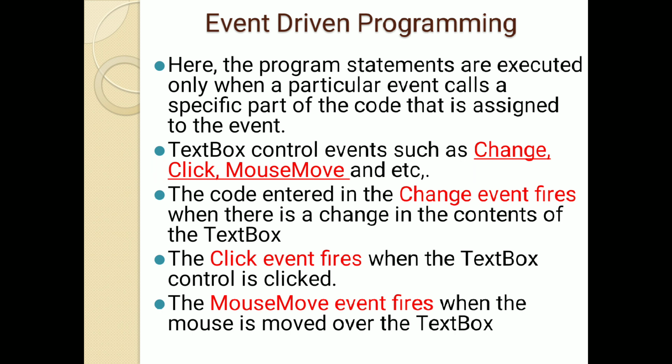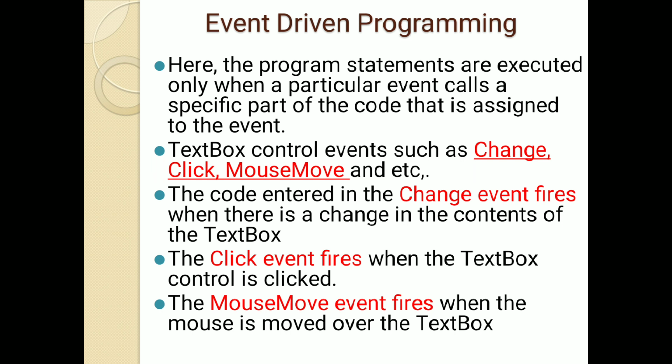For example, text box control events such as change, click, move, mouse move, etc. If you want to change the text box value, then you have to set the cursor position in the text box. At that time it will trigger some events, otherwise it will not fire on the particular text box. That we call event driven programming.